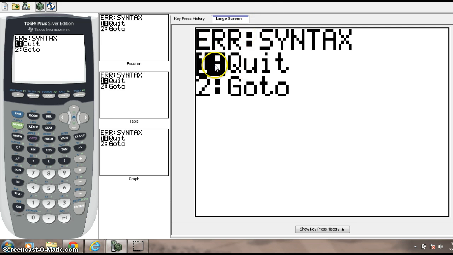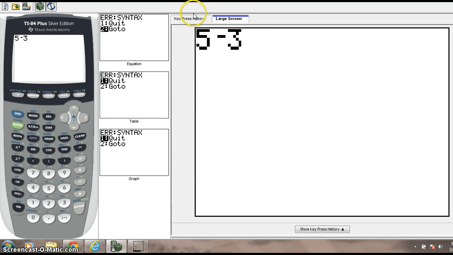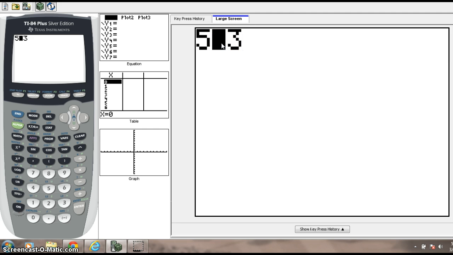And 1 means you can just quit and start over, or you select 2, it will actually take you to the error, and the blinking cursor will blink over what you did wrong, and you can just simply substitute that with the subtraction symbol and then enter, and that'll fix your problem. So if you ever get an error symbol, I would select go to so that you can see exactly what you did wrong. So let's go ahead and clear our screen.